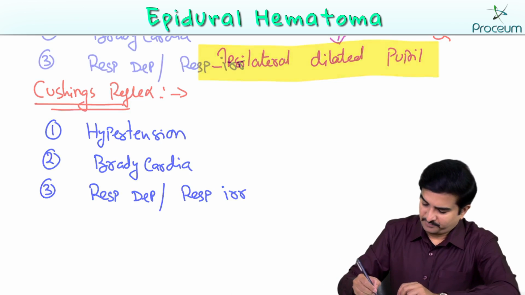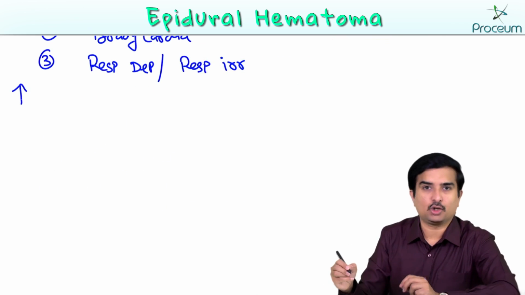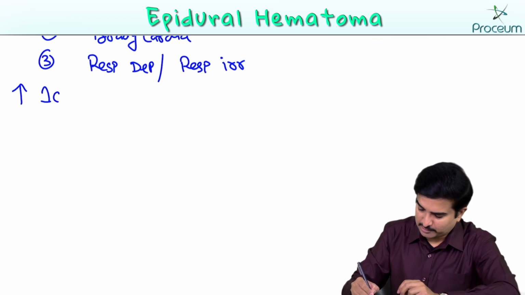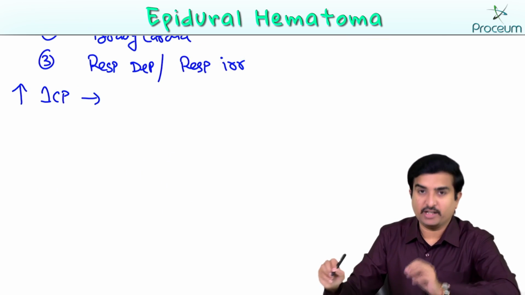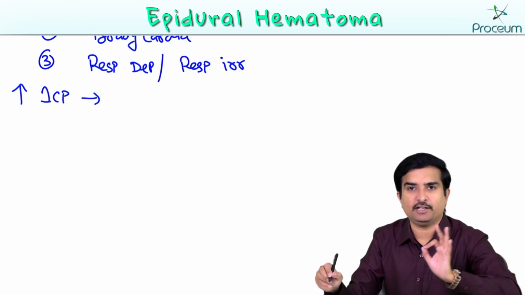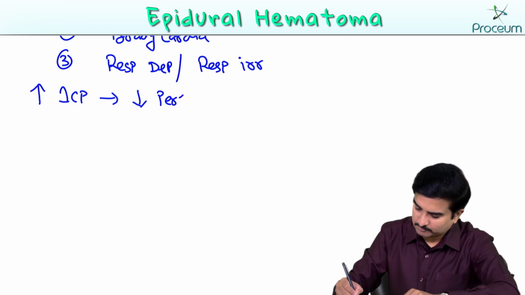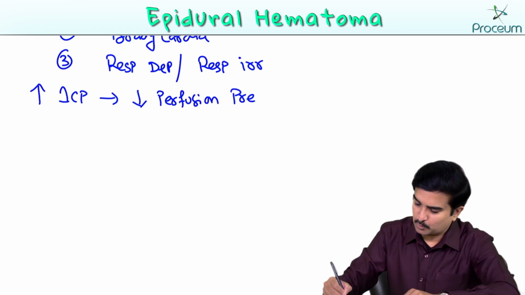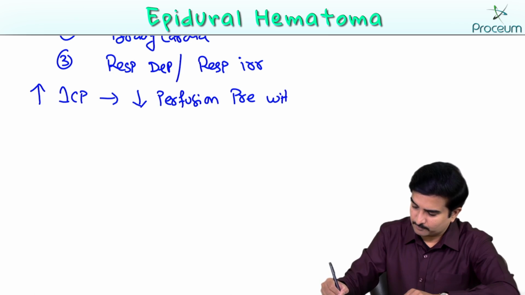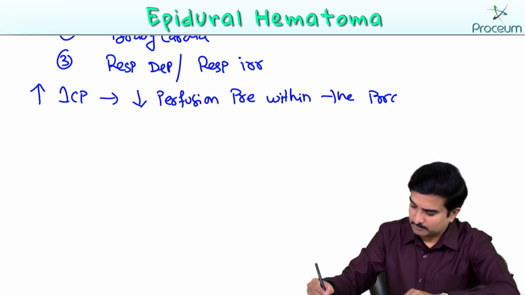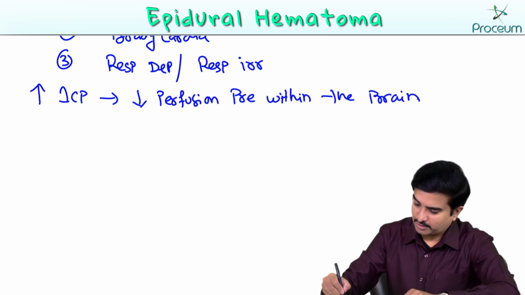So see here, whenever there is an increase in the intracranial pressure, there will be a decrease in the perfusion pressure within the brain. Concentrate on this point.